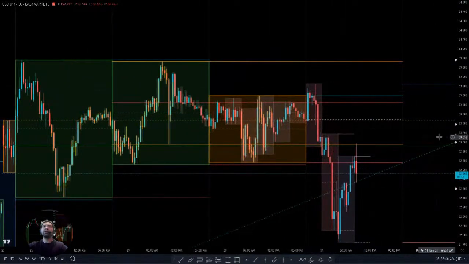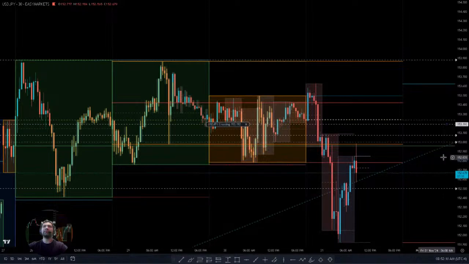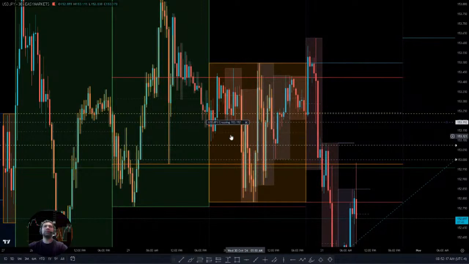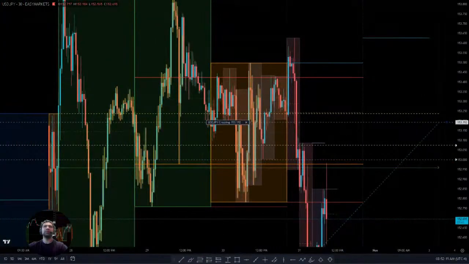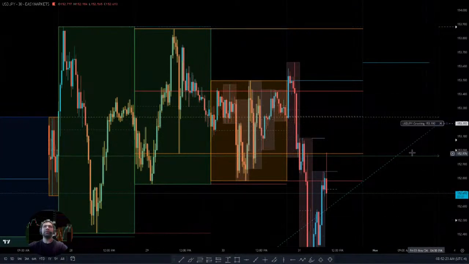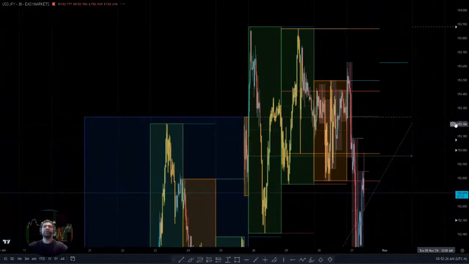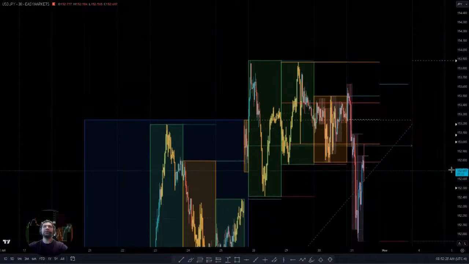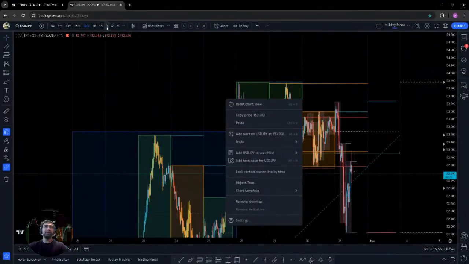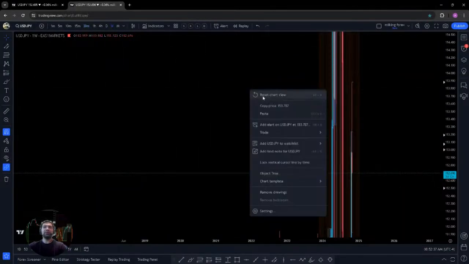So what happened after that? So guys, this 152 level is, wait, there is some shift in the chart.